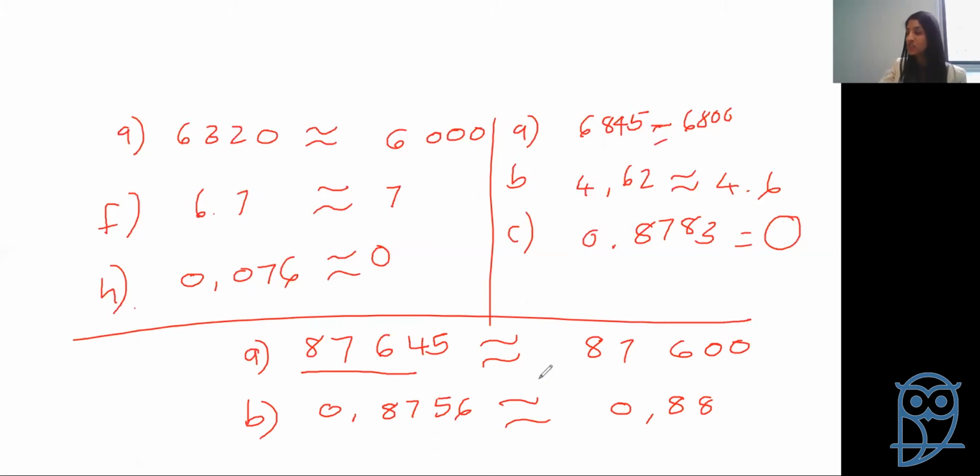Now, let's do some examples about decimal places. Guys, decimal places, if you can remember, is another way of rounding off numbers, which you have already met. So you used to write a given number with decimal places. This refers to the number of digits written after the decimal point.